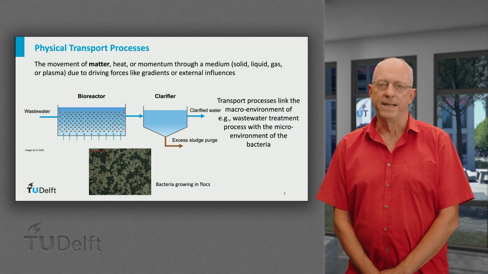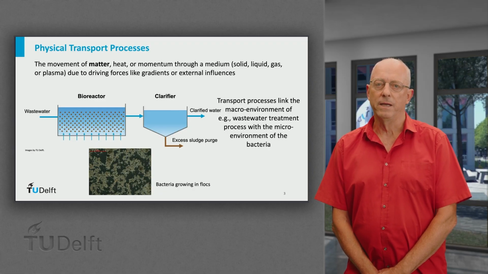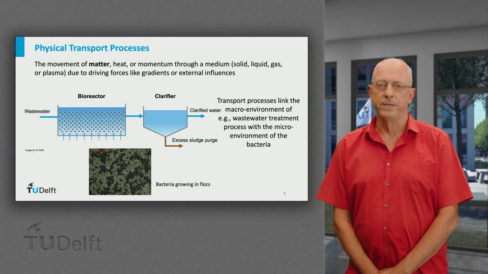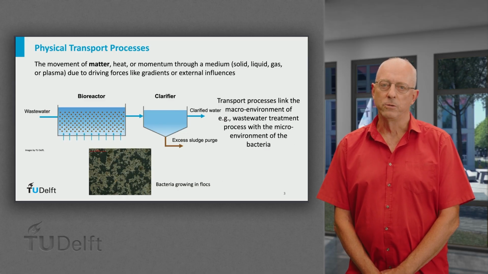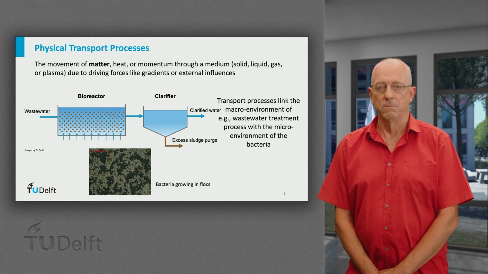Think wastewater entering a bioreactor, bacteria growing and mixing within the reactor, and treated wastewater and produced biomass exiting. The physical transport processes connect the macroenvironment, the bioreactor as a whole, to the microenvironment, the immediate surroundings of a bacterium, around 1 micrometer in scale.